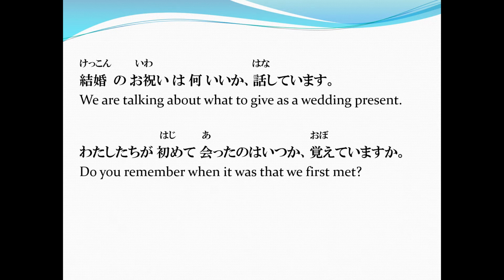Watashi tachi ga hajimete atta no wa itsu ka oboite imasu ka? Do you remember when it was that we first met? Now this sentence has a question within a question.